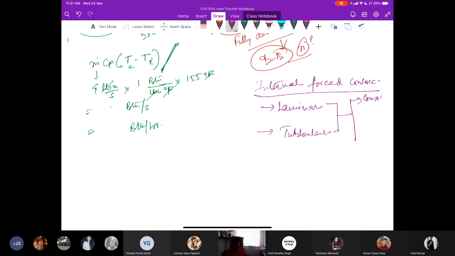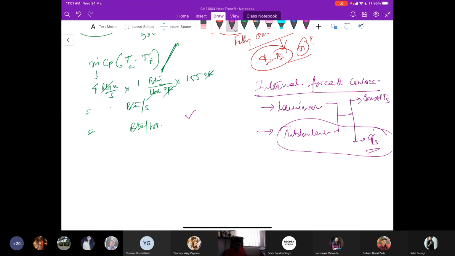One is constant surface temperature. The other one is constant surface heat flux. So for each category, you should identify a problem and do it, like we have done here for the turbulent and constant surface heat flux. So this thing we have done here.